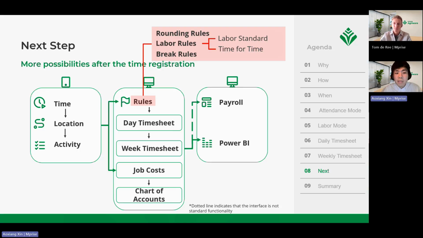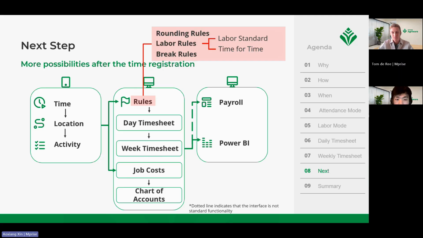After the rules have been applied, the daily timesheet will be created, and then a weekly timesheet. There's a route 1. And those times you registered also go via job cost. What Tom has mentioned just now, that it will help you to calculate the cost of the job, the labor cost of this activity. And after that, this job cost will be registered in your chart of accounts financially.